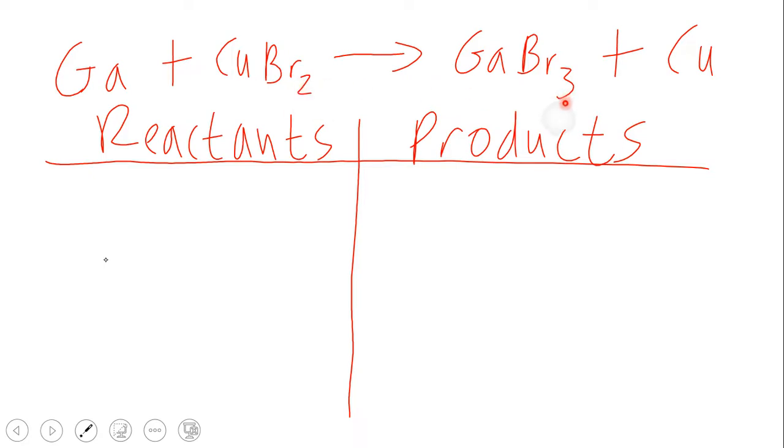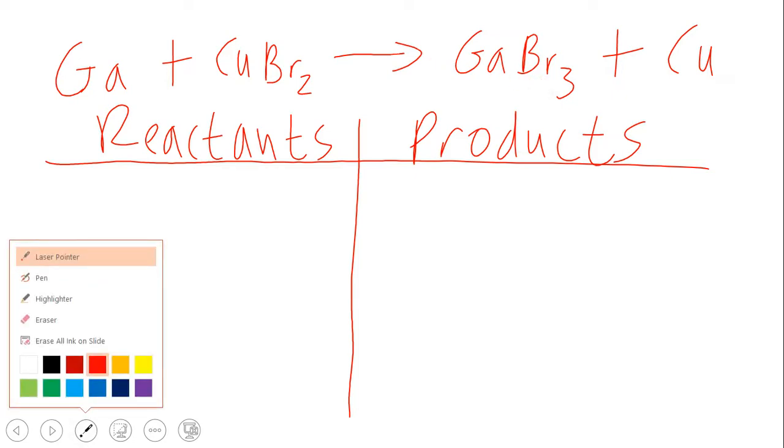What if we multiply this by 3 and we multiply this by 2? The reason why is because if you multiply this by 3, this will be 3 times 2, which is 6. And if you multiply this by 2, it'll be 2 times 3, which gives us 6.